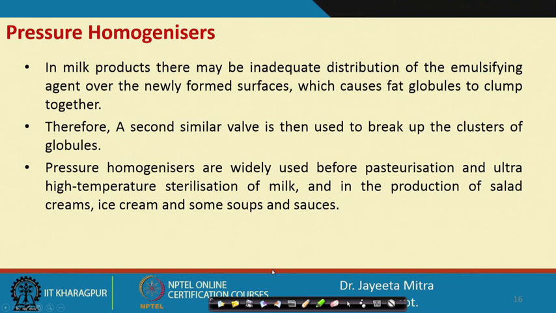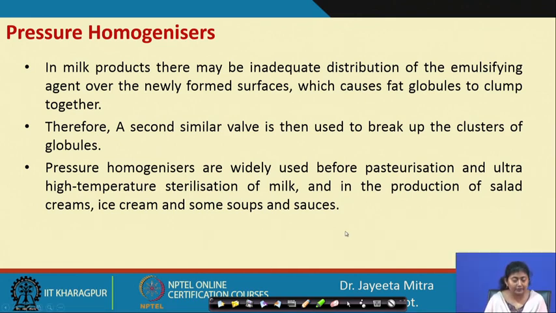In milk products, there may be inadequate distribution of emulsifying agent over the newly formed surfaces, which causes the fat globules to clump together. Therefore, a second similar valve is used to break up those clusters of globules.